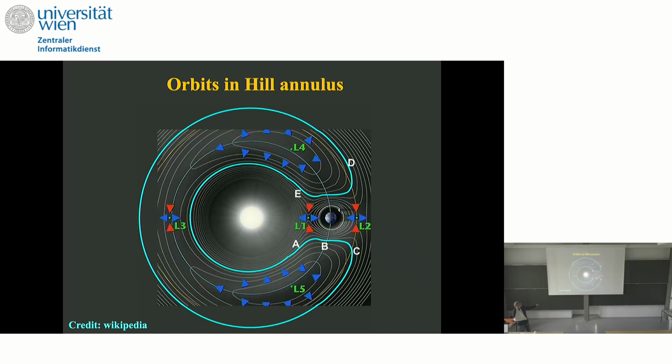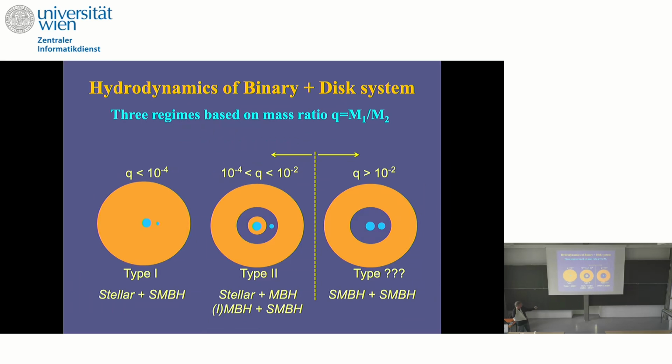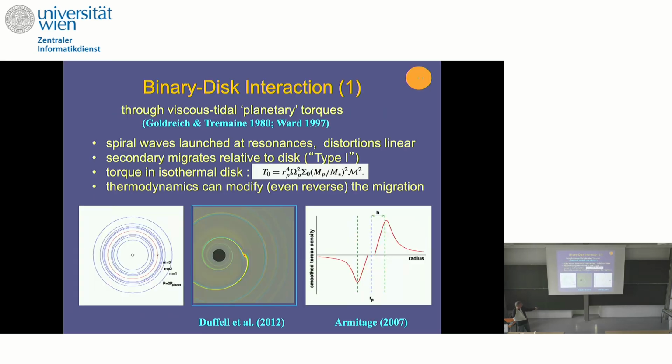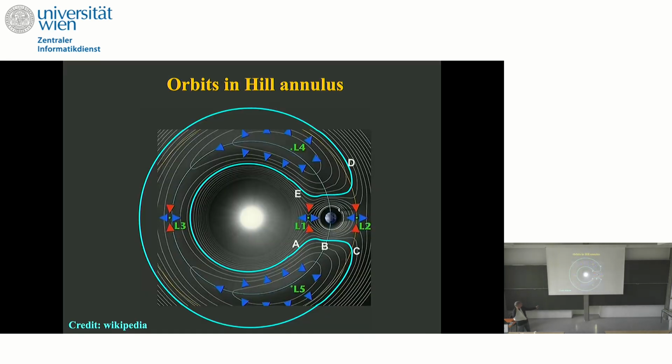And then in between, this annulus is called the Hill region, where the tidal force from the sun is comparable to the gravitational pull of the perturber. So here the streamlines actually go on so-called horseshoe orbits. The gas tends to come in here and turn around and make something called a horseshoe.